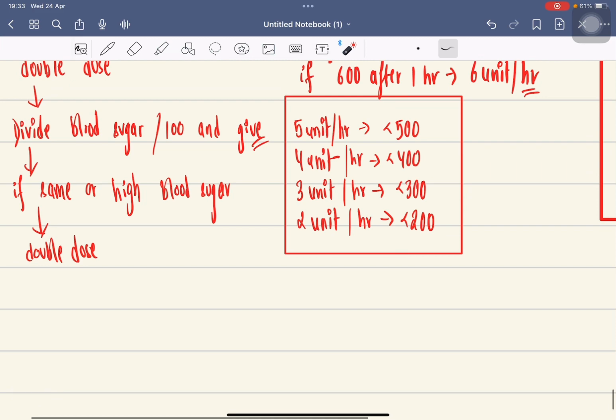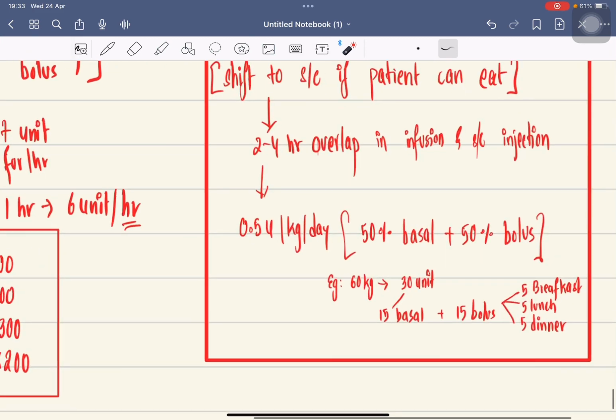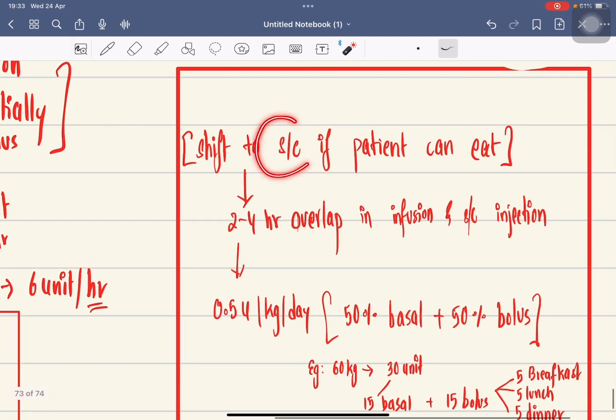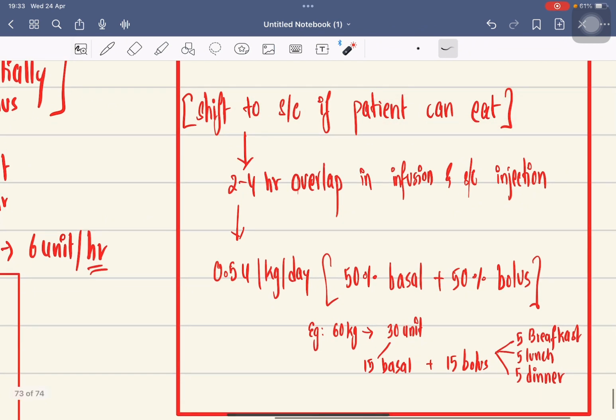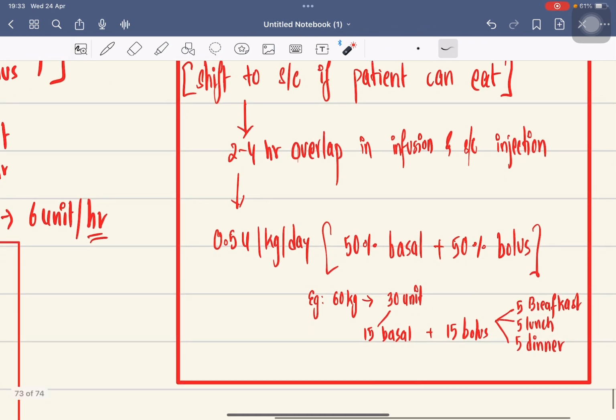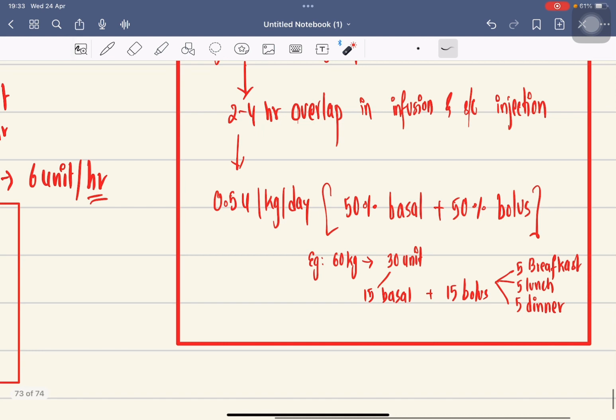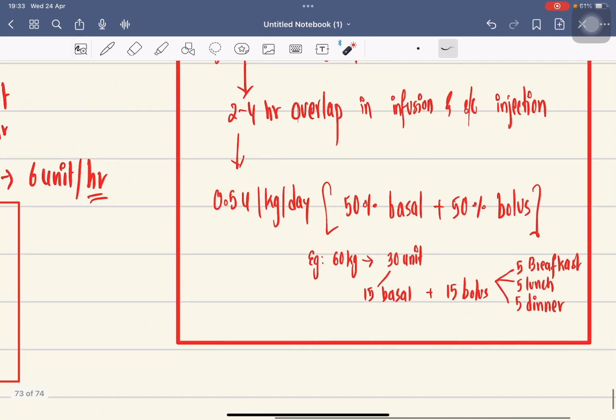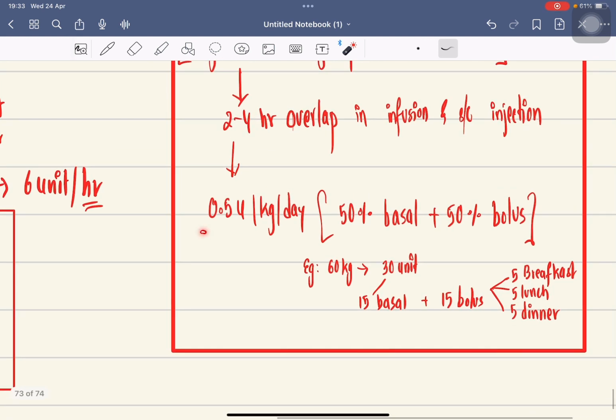This we should remember. And when to shift to subcutaneous insulin? Once the patient can eat, we can shift to subcutaneous insulin. 2 to 4 hours of overlap should be made between the infusion and subcutaneous injections. The dose is 0.5 units per kg per day, 50% basal and 50% bolus.